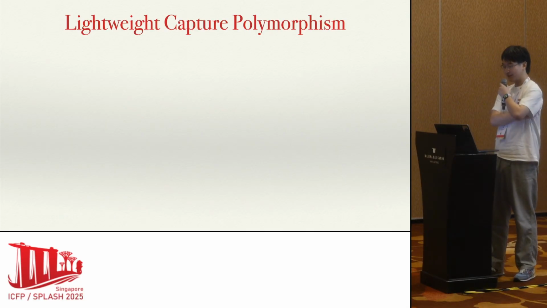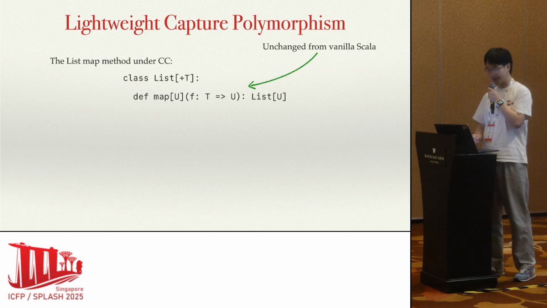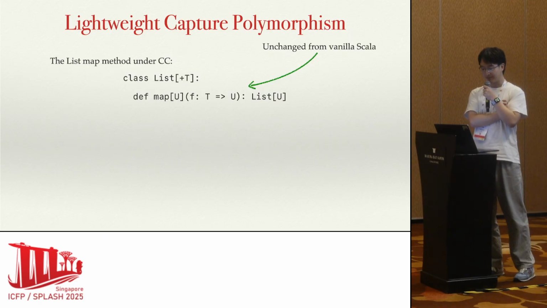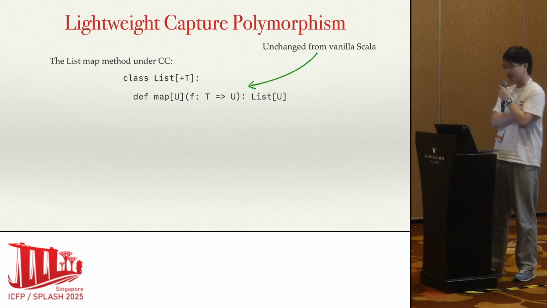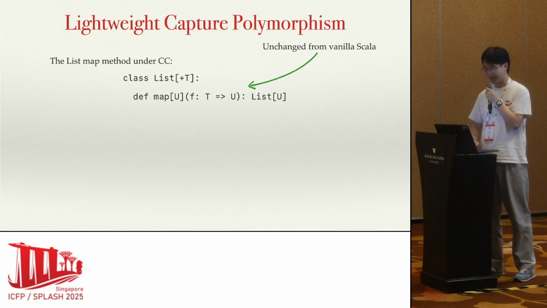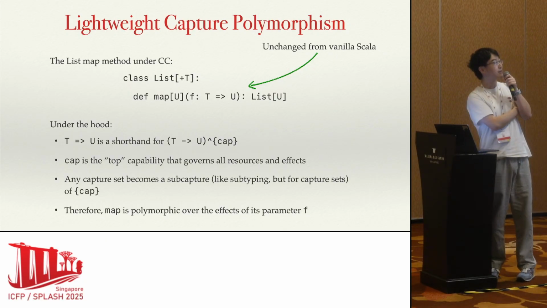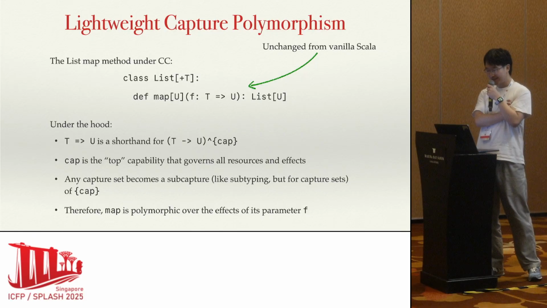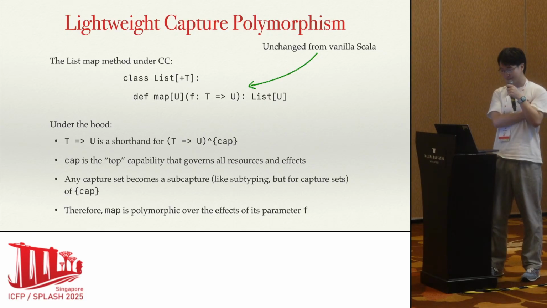So first, for lightweight capture polymorphism, let's look at the classical list map example in CC. And surprisingly, its signature stays identical to the previous one. How would that work? Under the hood, in CC, we have the universal capability cap. And here the function type is actually an alias for T to U capturing cap.